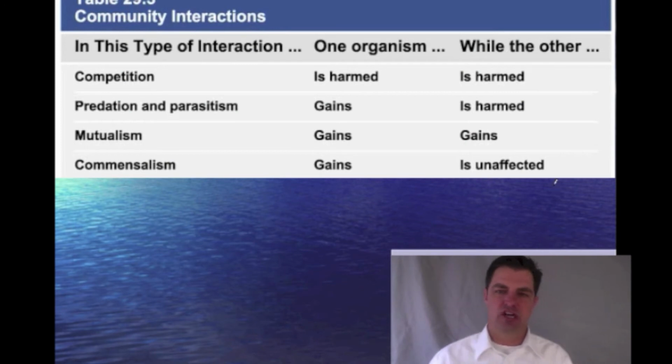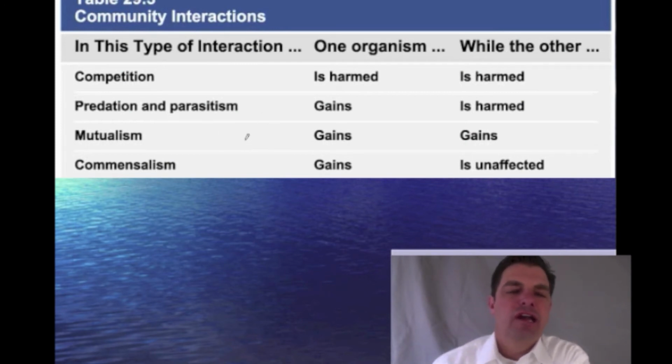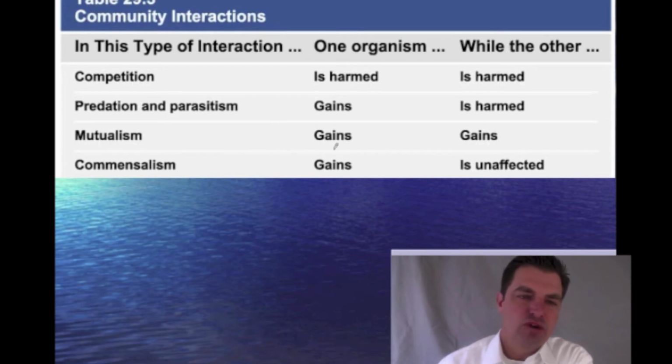The other thing that we can look at is how not only does one thing eat another thing, but how they interact with one another. Some of these we were talking about already. Two organisms could compete with each other, where one organism is harmed and so is the other. And by harmed, we're usually talking about energy.